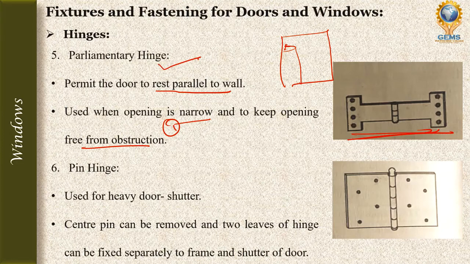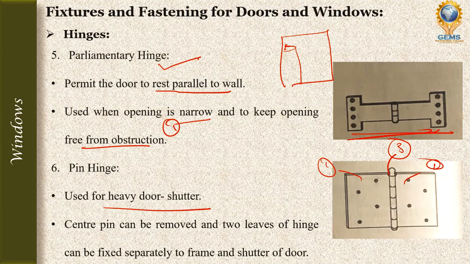Sixth type is the pin hinge. This is used for heavy door shutters. For a heavy door, we will go for the pin hinge. There will be three parts. This is the first part, second, and we will have a third part. The third part is the pin.